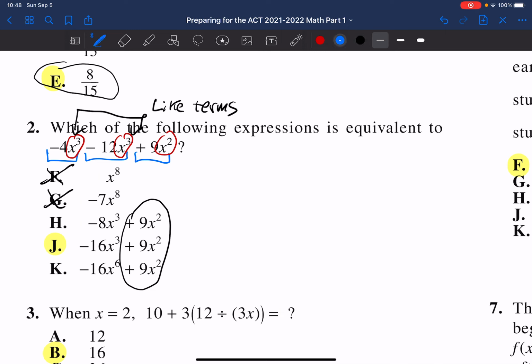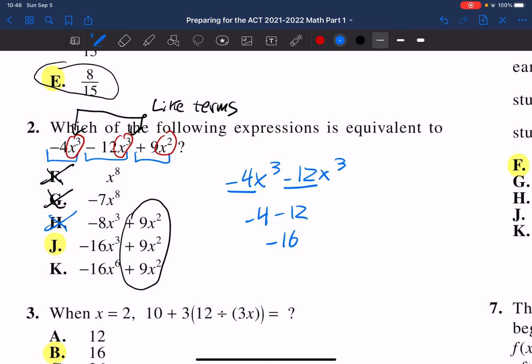So what that leaves us with is negative 4x cubed minus 12x cubed. Now really all we care about are the number parts. So if we drop the x cubed and say, all right, we'll take negative 4 minus 12, that's going to be negative 16. And so that allows us to get rid of letter H. Now the temptation is to combine the x cubes.